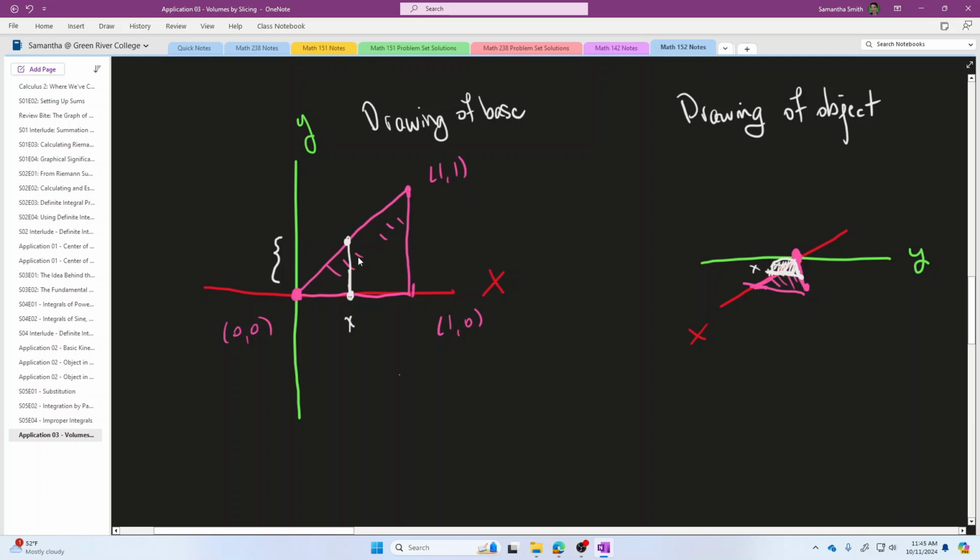So in this particular problem, every point on this diagonal line has a y coordinate and an x coordinate that are the same. The x coordinate is the same as the height. Because of that, if this cut is taken at an x coordinate randomly called x, the height of that slice, the width of that slice, will also be equal to x.